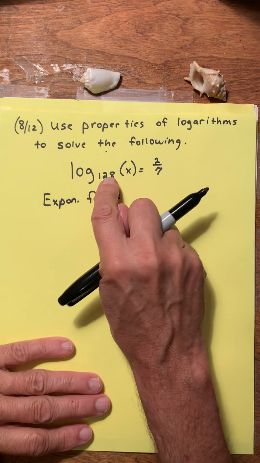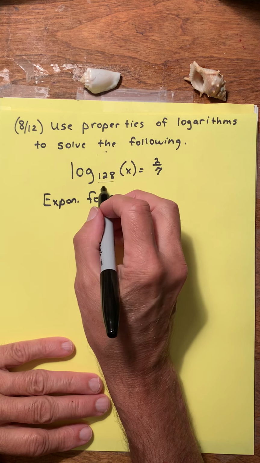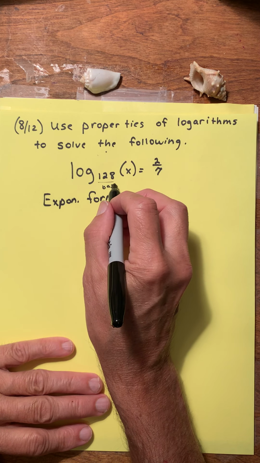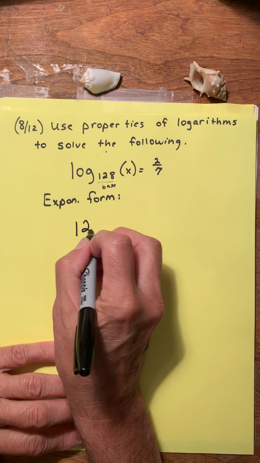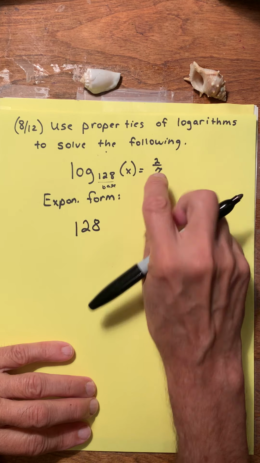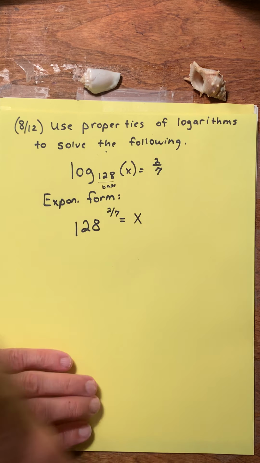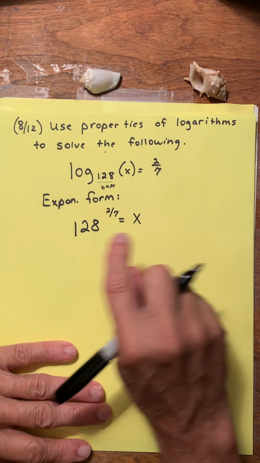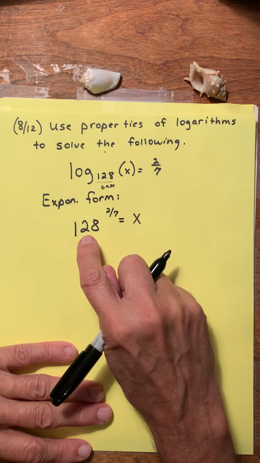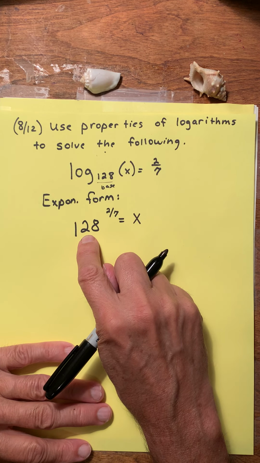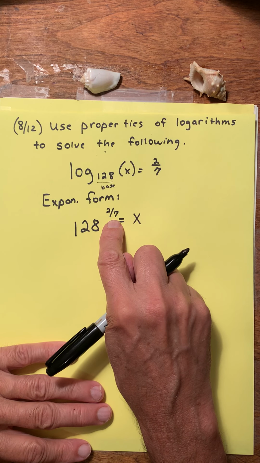Here we go. The base, that's going to be the base here. This is my exponent. So all I have to do is evaluate 128 to the 2/7 power.